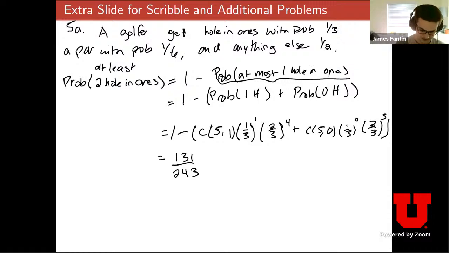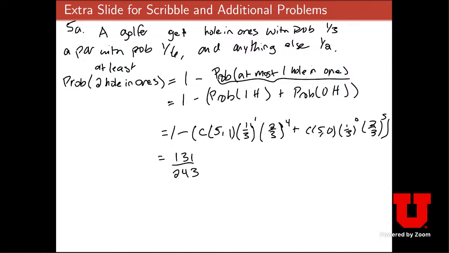Are there any questions on this part? Can we do B unless someone else wants something?